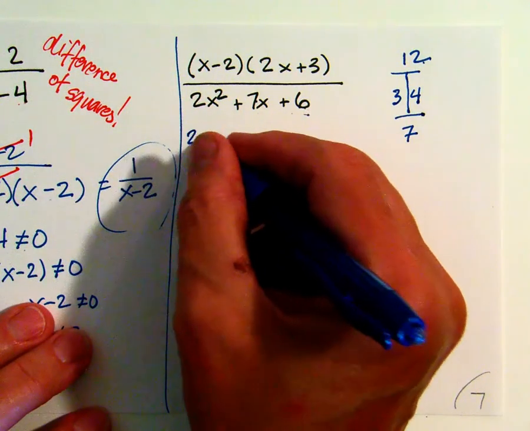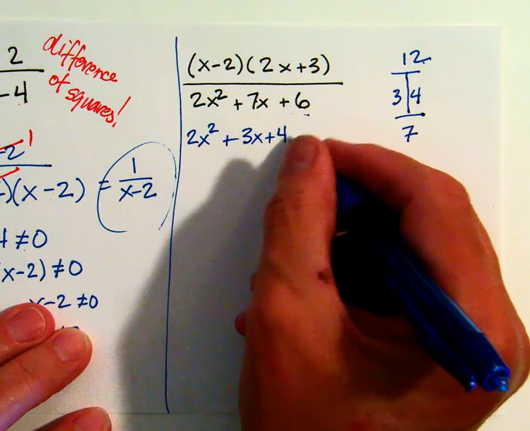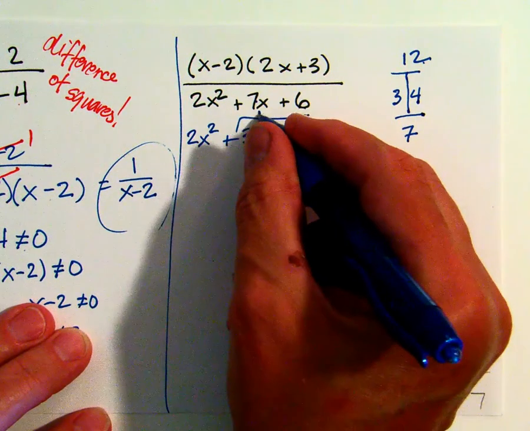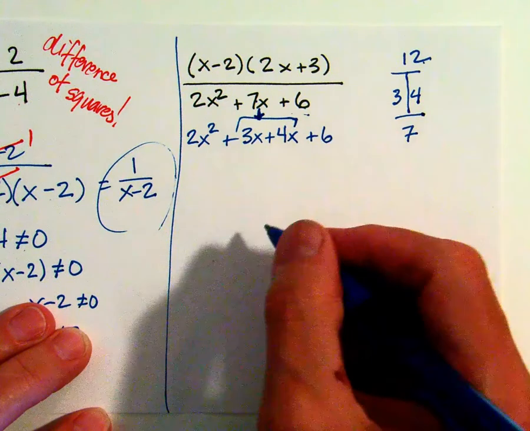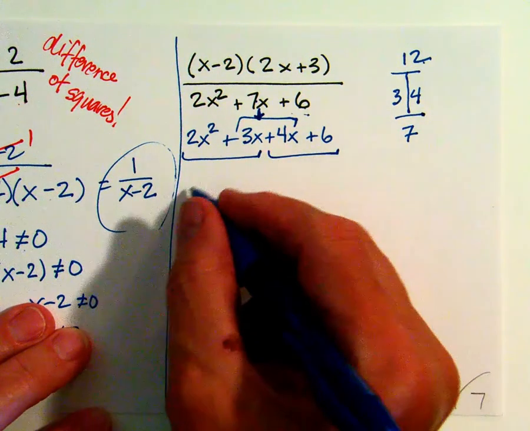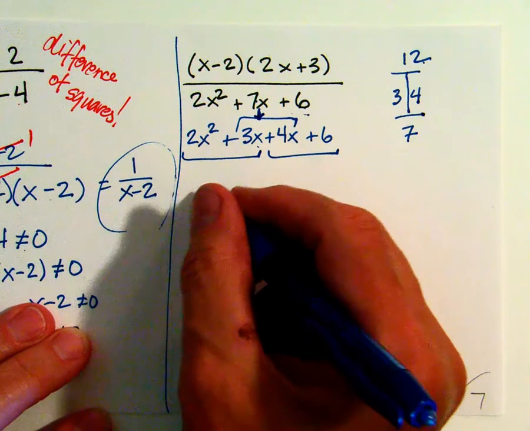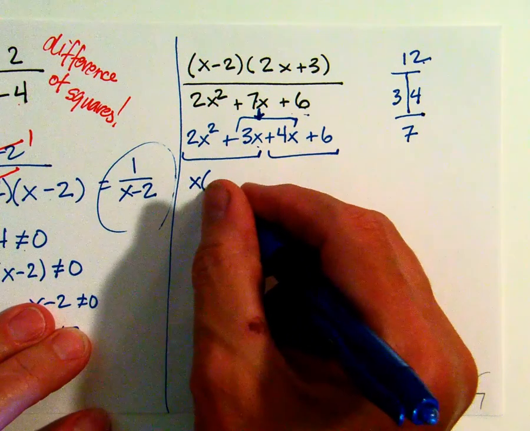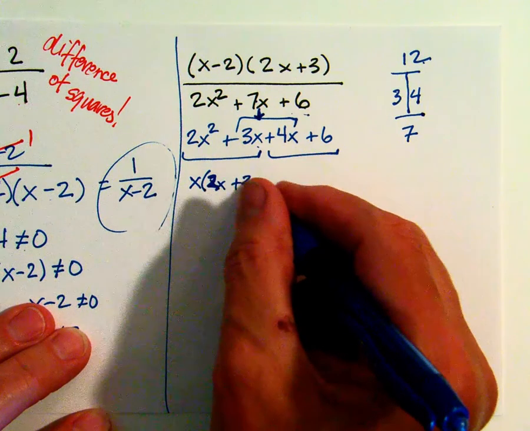I'll go ahead and put that in here. Plus 3x plus 4x, and that's my 7x. Okay. And then I'll copy around it. I'll factor by grouping. Both of those have an x, and what's left is 2x plus 3.